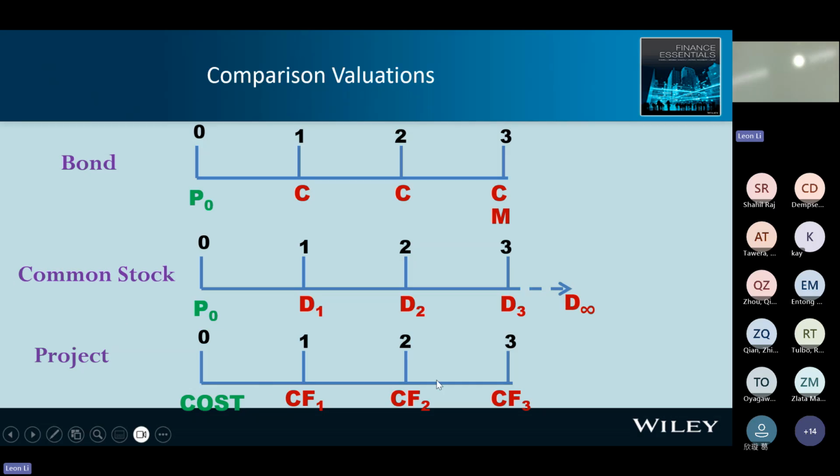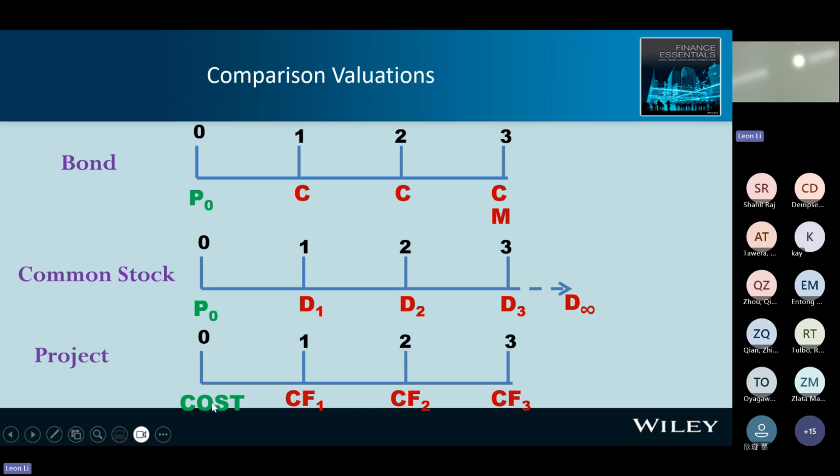Project. This is a timeline for our project. The project will bring us cash flow, and you can see the project has a maturity date. In this example, we assume the maturity date of the project is 3 years. So we have cash flow 1, 2, 3, unequal cash flows. In the project, we have an initial cost.